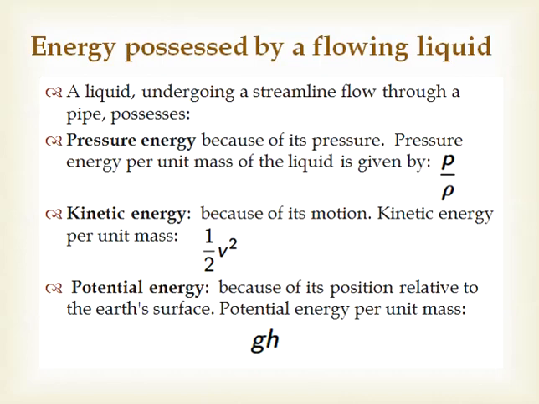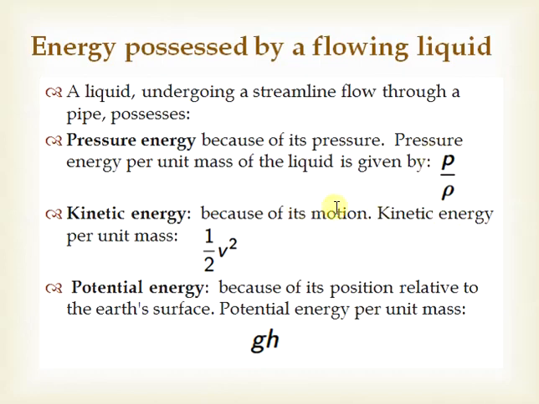The first one is the pressure energy per unit mass of the liquid, which is given as P by rho. Here the pressure energy is P times V, where P is the pressure and V is the volume occupied. Per unit mass means dividing by rho times V, so the V and V cancel. The expression for the pressure energy per unit mass will be P by rho.